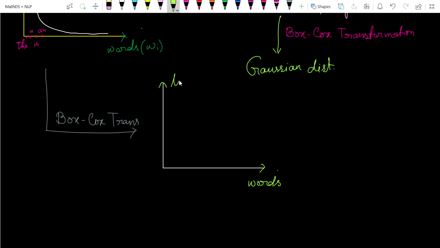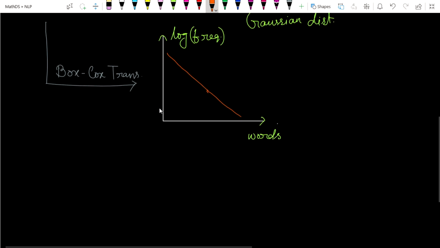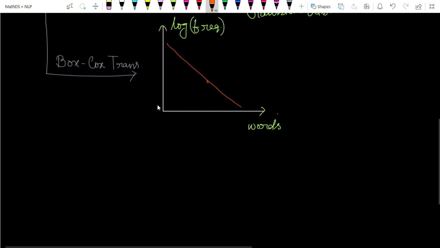Here it will be log of frequency. So this plot will look like this type of plot. It's a type of straight line. Okay, if you forgot it, just recap this video.